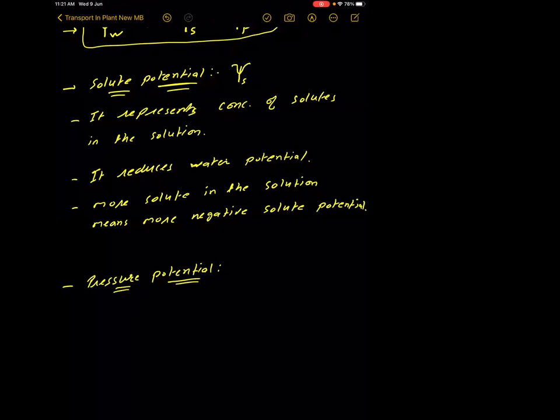The cellular content creates a pressure on the wall, and the wall creates a pressure on the cellular content. So this pressure potential maintains the turgidity, or you can say the turgor pressure of the cell. In short, cell content exerts pressure on the wall. The wall, being elastic, also exerts an opposite pressure on the cellular content, the cytoplasm or organelles. That is called pressure potential.